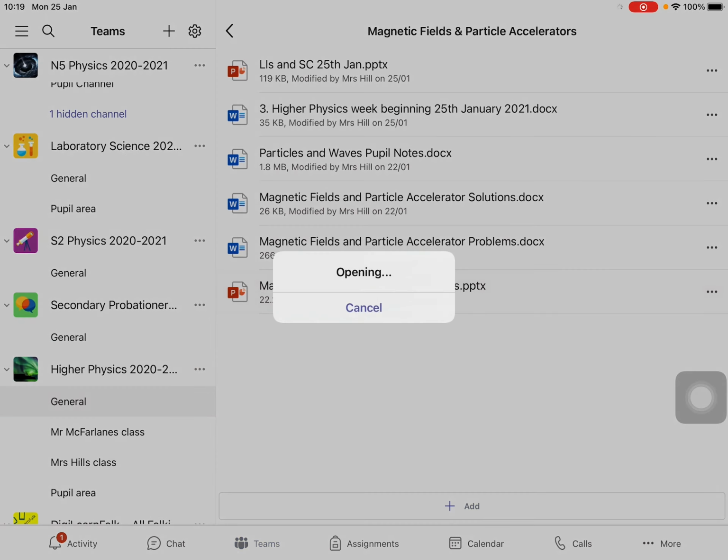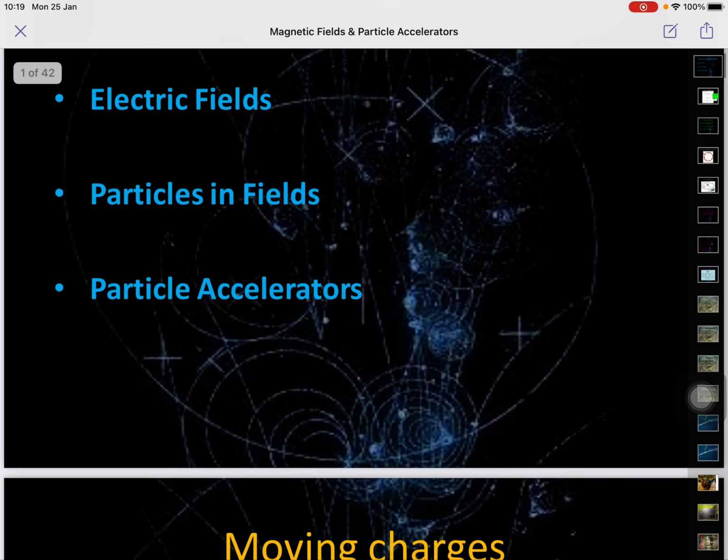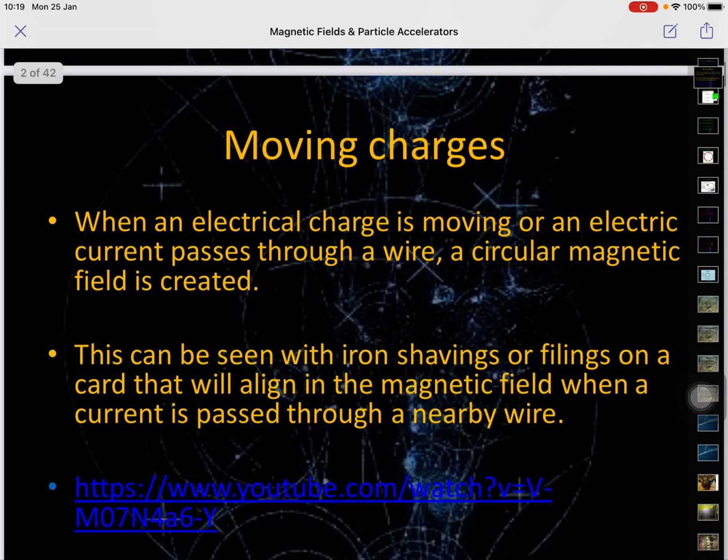So I'm going to talk you through this PowerPoint just now with some of the basics about it. What we learned about last week is that if a charge is in an electric field, it will experience a force. But there's also something else that happens. Anytime we have a charge that is moving, it could be an electron or it could be something with 1,000 electrons on it, as long as it's moving, a magnetic field exists around it as well.